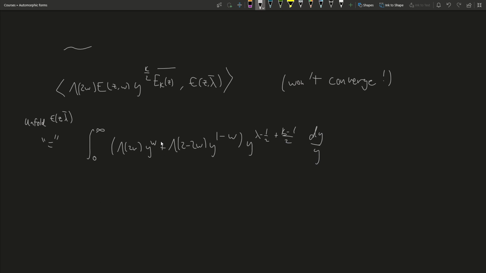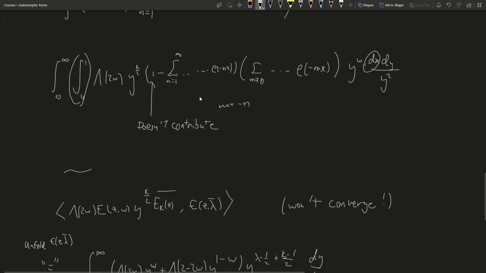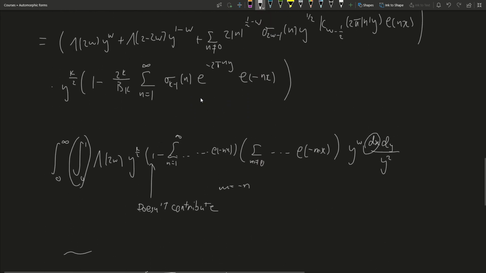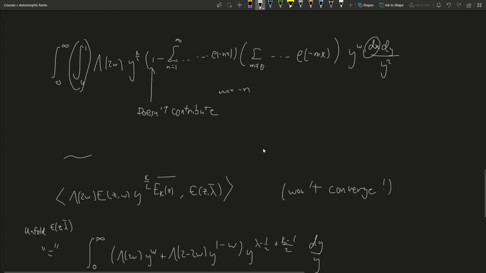And then for the second piece, the piece coming from the non-constant terms, you get exactly the same thing as before.